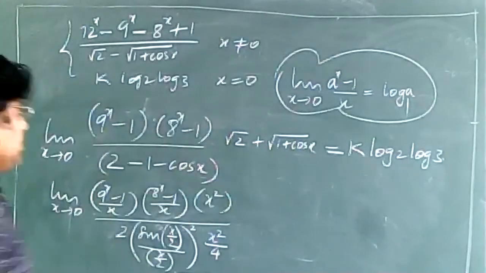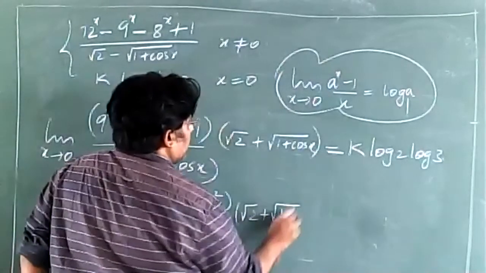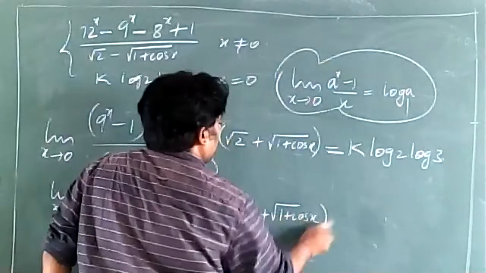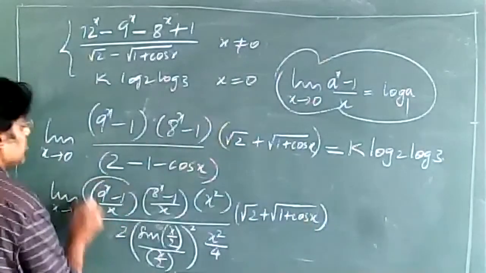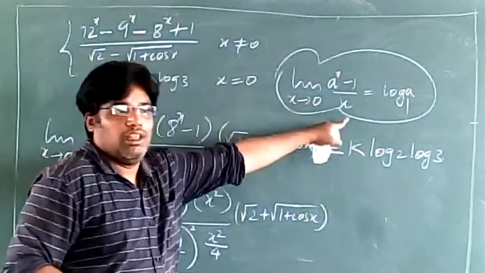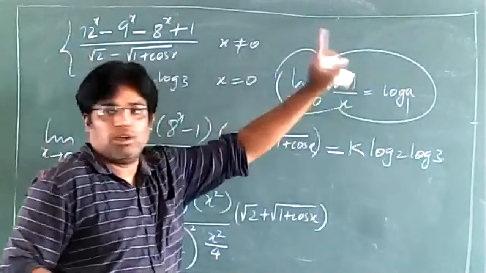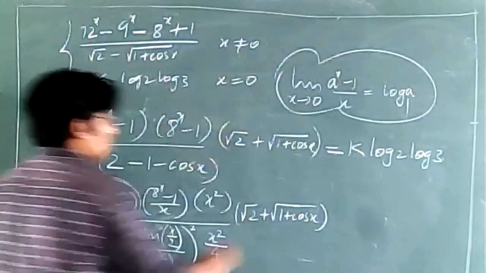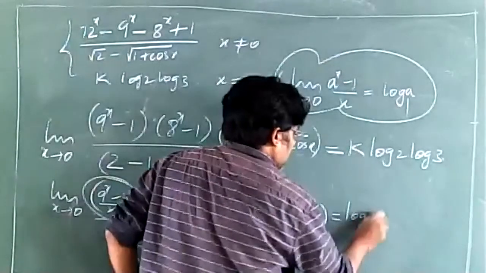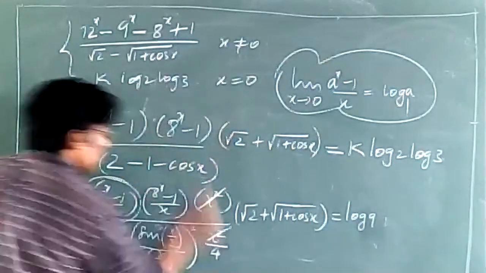Now it becomes sin theta by theta. What remains is this part, root 2 plus root of 1 plus cos x. Now when you compare the limit, this part is what? Log 9 by using that formula. A power x minus 1 by x is nothing but log a. This is log 9. This x square cancels.